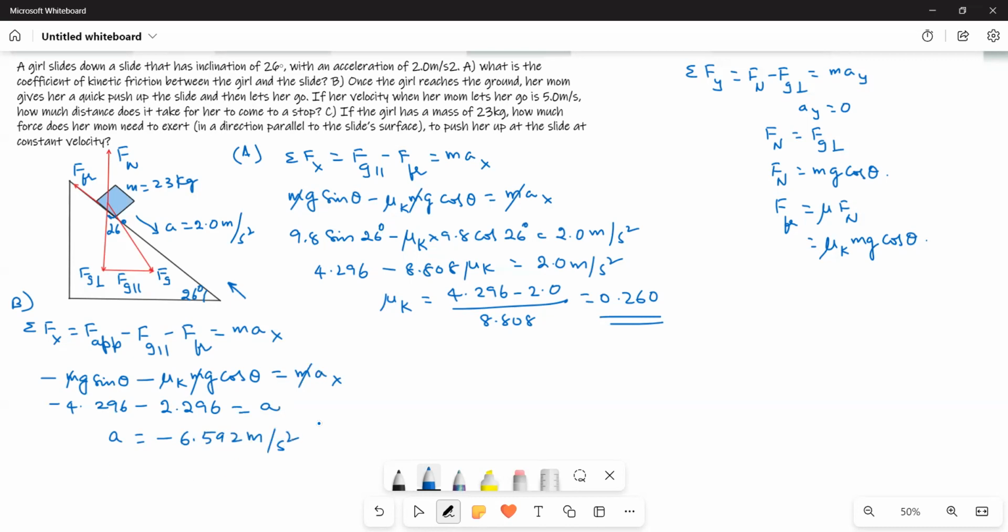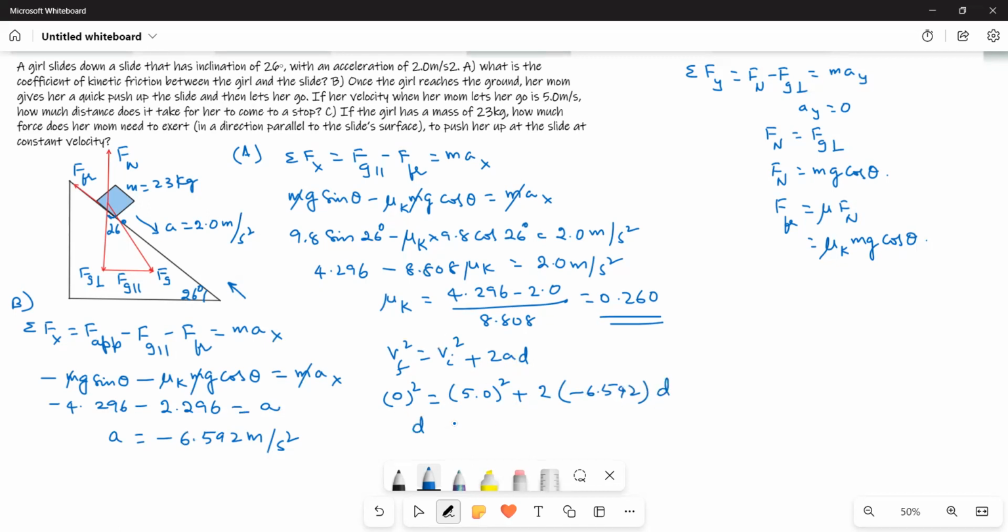Now I have to find out the distance. So to find the distance, I will take the kinematic equation Vf square is equal to Vi square plus 2AD. Finally, the girl is coming to a rest, therefore 0 square is equal to the initial velocity, she is moving with a velocity of 5 meters per second, squared, plus 2 into negative 6.592 times distance.